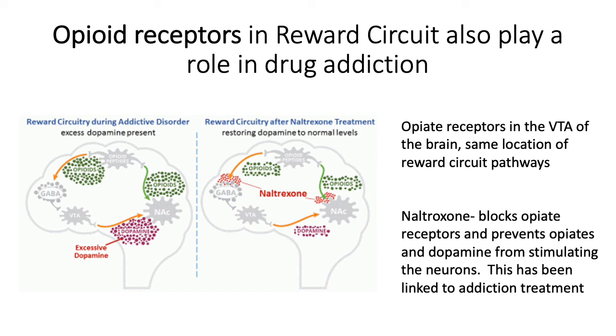Then blocking those neurons can potentially curb the need for wanting to stimulate the reward circuit. And since naltrexone blocks the opiate receptors, which prevents dopamine from stimulating neurons, that's how they know that opiate receptors must be involved in the reward circuit pathway.